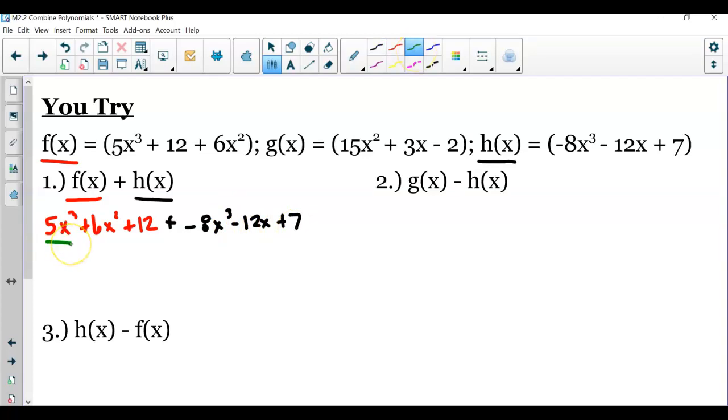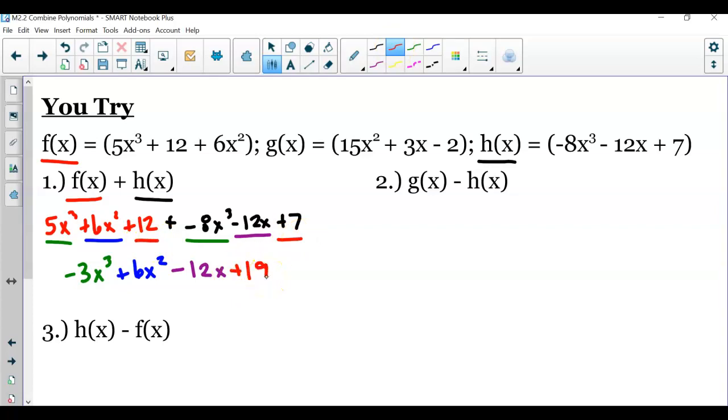I do have two x cubed terms, so 5x cubed minus 8x cubed is negative 3x cubed. Then next, we have only one x squared, so plus 6x squared. Next, there is only the one x term here, so negative 12x. But we do need to combine our constants, so 12 plus 7, which is 19.